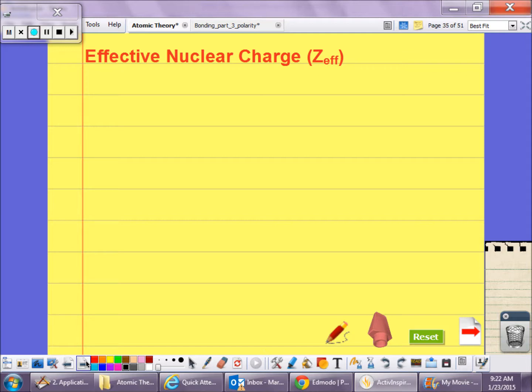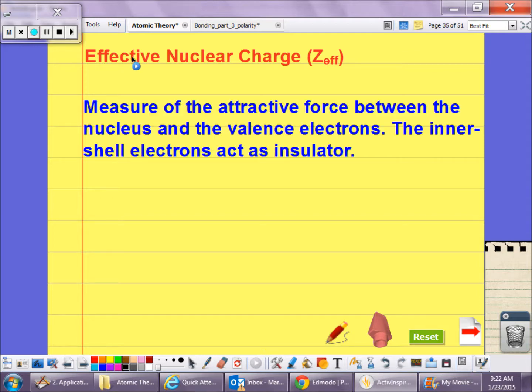What exactly is it? Effective nuclear charge is a measure of the attractive force between the nucleus and the valence electrons. The inner shell electrons act as insulator.